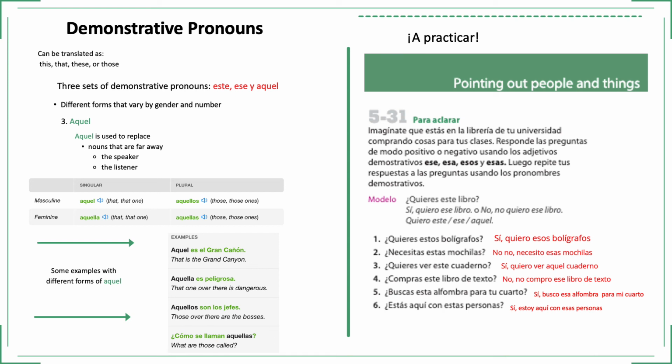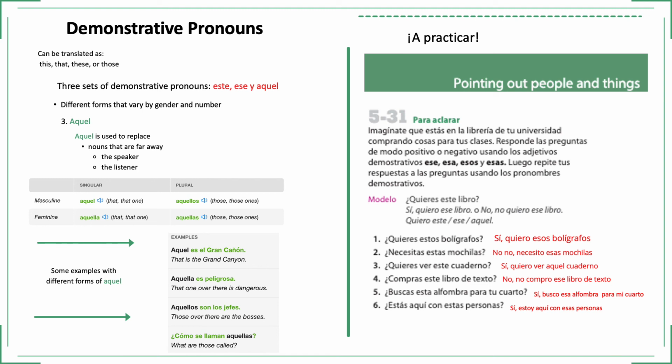Responde las preguntas de modo positivo o negativo usando los adjetivos demostrativos ese, esa, esos y esas. Luego repite tus respuestas a las preguntas usando los pronombres demostrativos. Modelo, un ejemplo: ¿Quieres este libro? Puedes decir sí, quiero ese libro, o no, no quiero ese libro. O puedes también decir quiero este, ese o aquel libro.